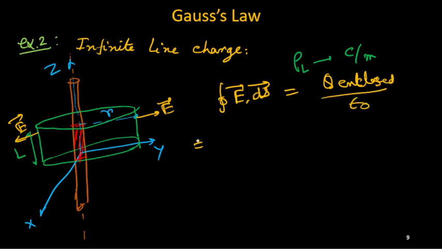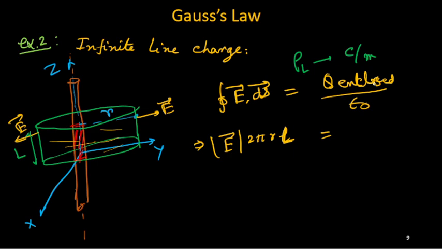Now here the electric field magnitude is E, and what is the surface area? This surface area is 2 pi r into L. 2 pi r is the perimeter and the length is L, this is the cylindrical surface area. Okay, this is a capital L.